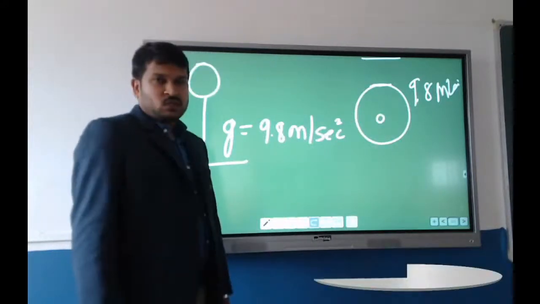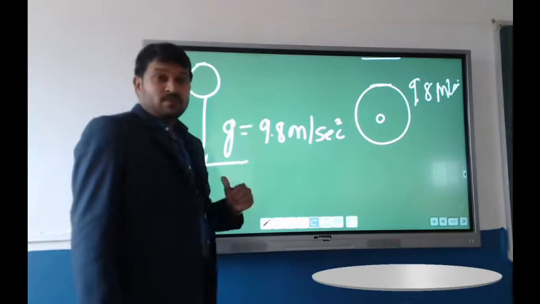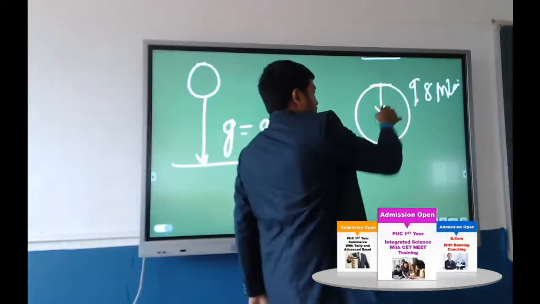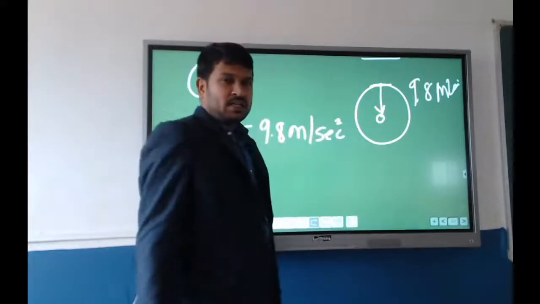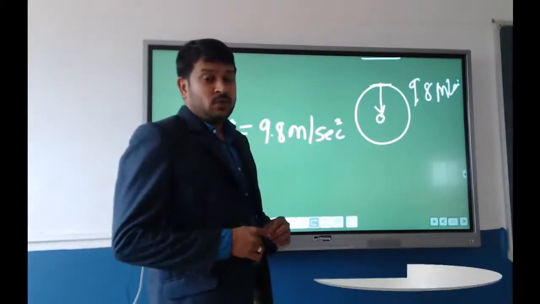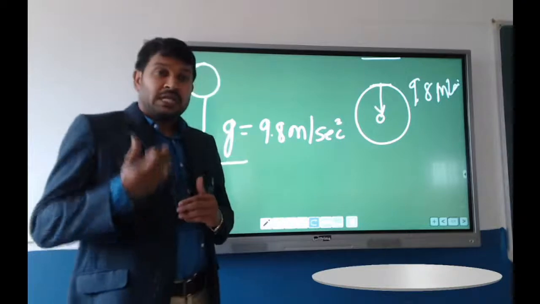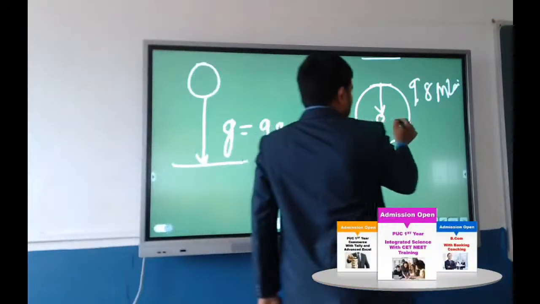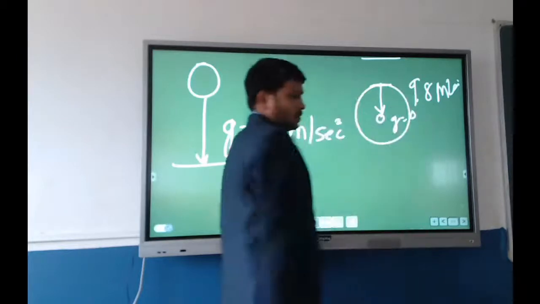Next, when we move below the Earth's surface, what happens? The acceleration due to gravity starts decreasing. Exactly at the center, acceleration due to gravity is 0.